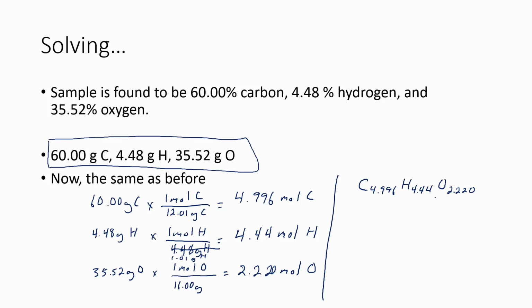So, just like we did last time, divide everything by the smallest number, 2.220. And we get C 2.25, H 2, O 1.